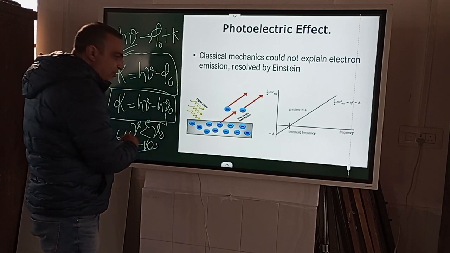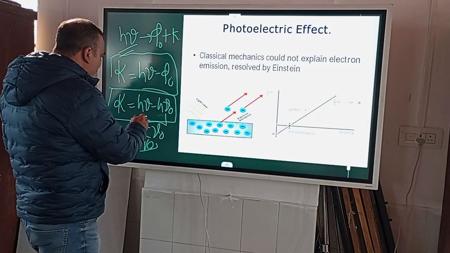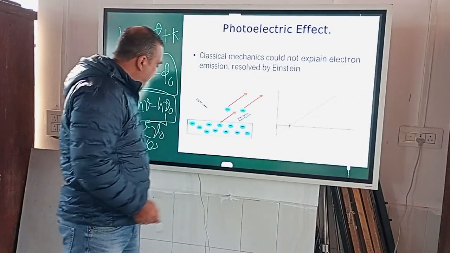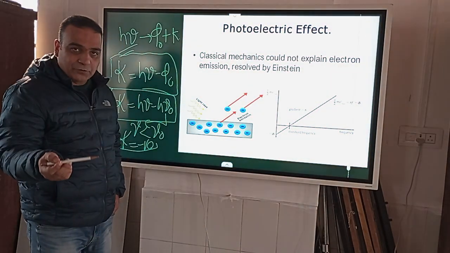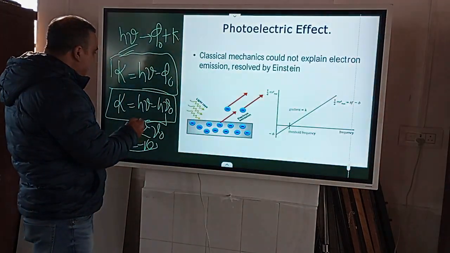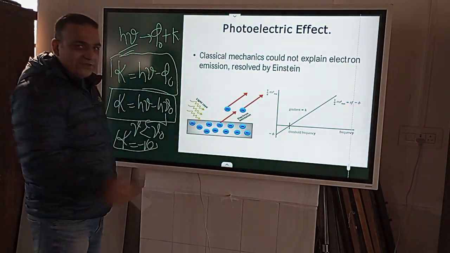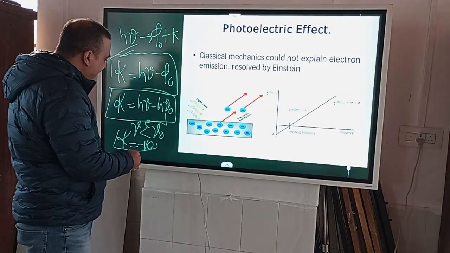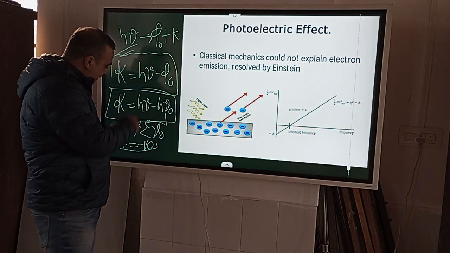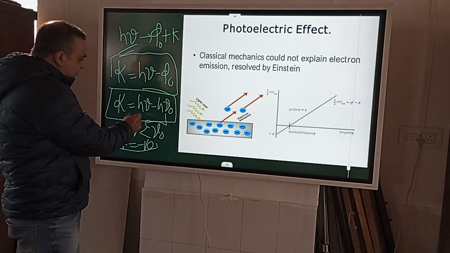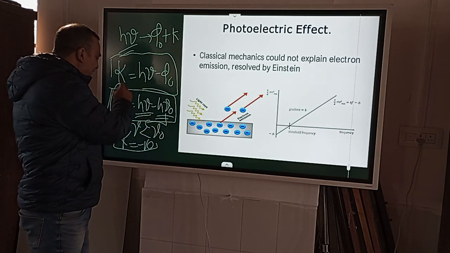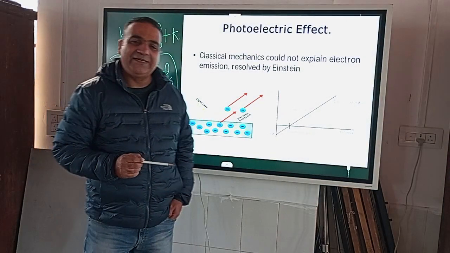But kinetic energy cannot be negative, therefore it is not possible for the electron to leave the photosensitive metal. If you want the photoelectric effect to happen, then the frequency of the incident photon should be greater than the threshold frequency, and that can be revealed from this equation. So if nu is greater than nu naught, only then will you have an electron which has kinetic energy.